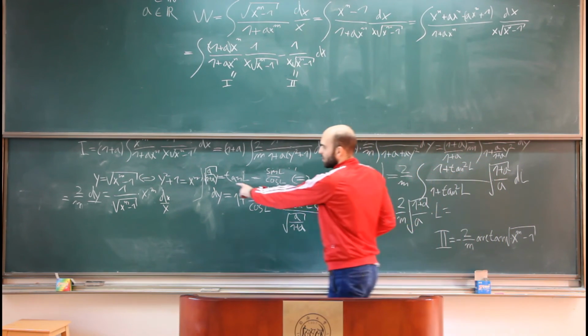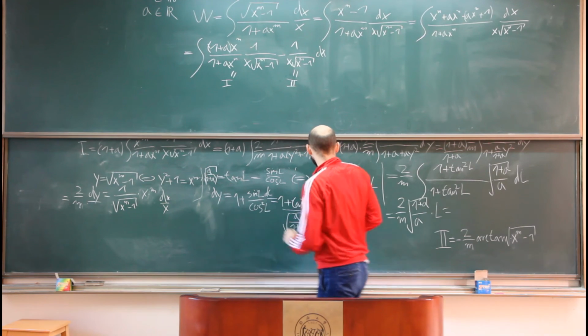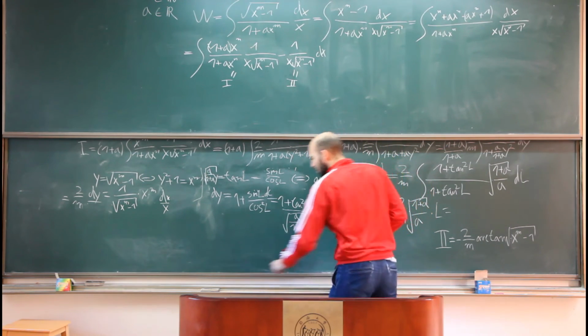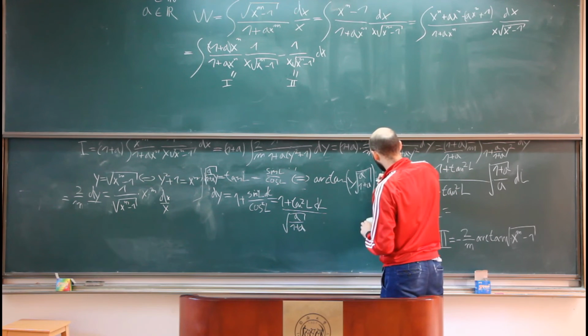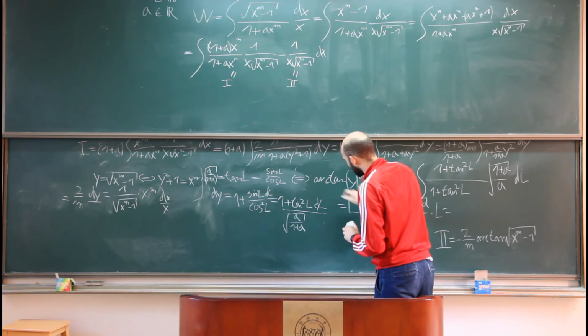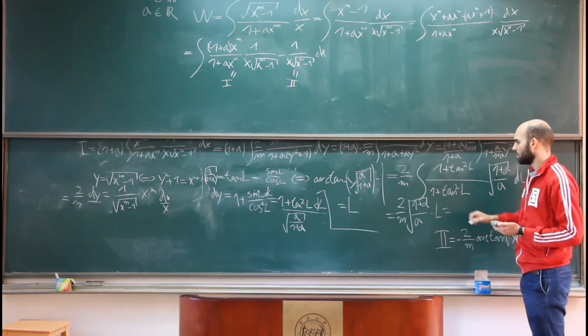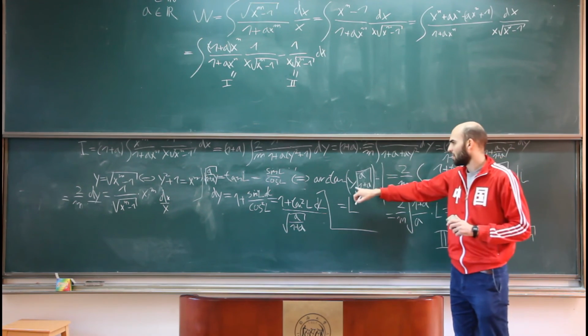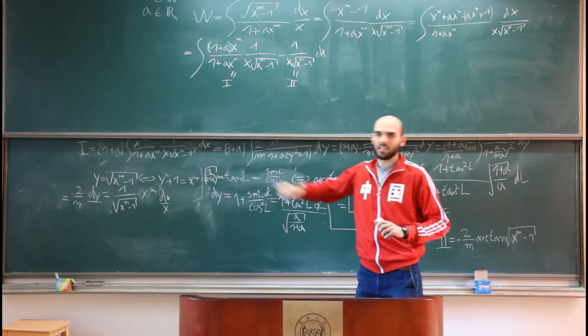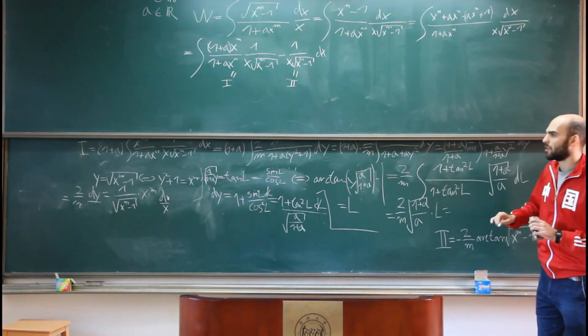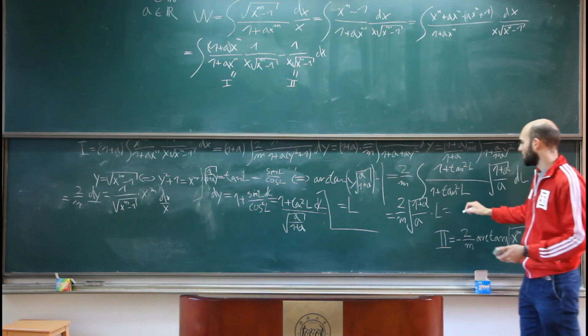Oh, because we changed it here in front, we also got to change it here. This is going to be equal to L this time. And yeah, we can just write that, and then the y is going to be the same as before, square root of x to the power of m minus 1.